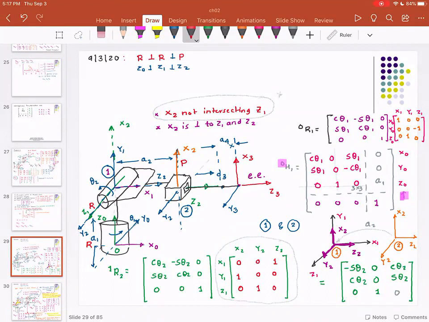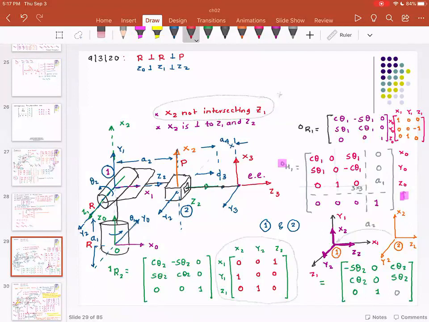We initially set up the coordinate system, and then we tried to find the rotation matrices. For the first joint, for theta 1, which is 0R1, we do not have any problem. That is simple. However, if you look at frame 2, our 4 conditions are not getting satisfied. Out of 4 conditions, 1 condition is getting violated.